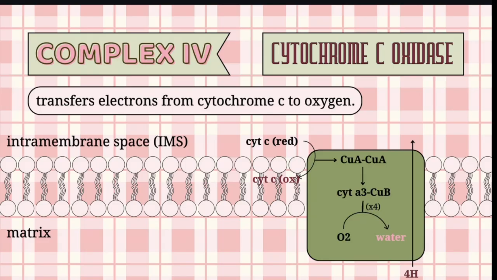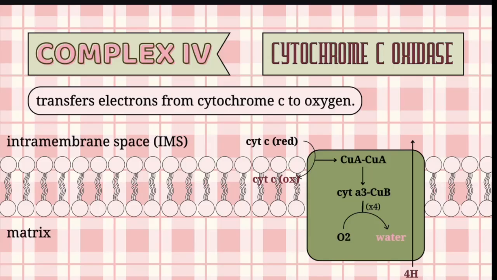Now, the important groups that you should know in each monomer is that it has 2 cytochromes, cytochrome A and cytochrome A3. It contains 3 copper ions, so 1 of them is copper B and 2 of them are copper A, okay? Now, they're arranged in specific ways.